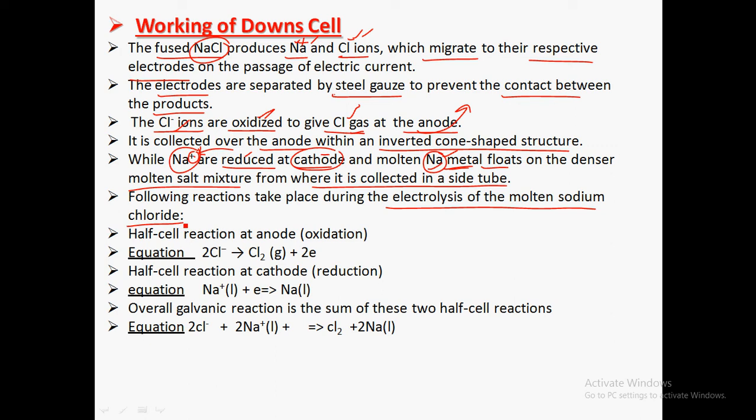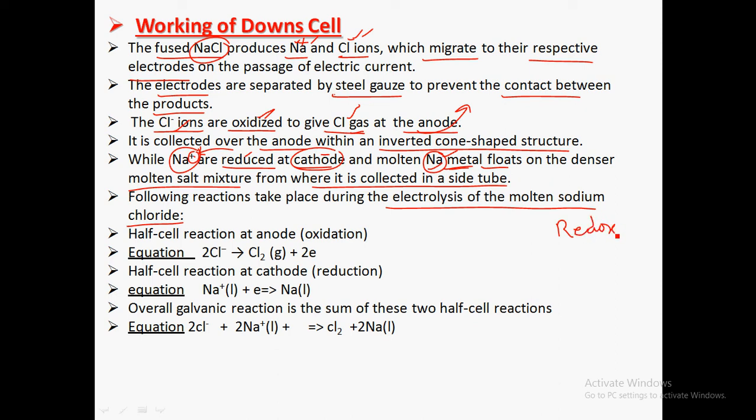Okay, now reactions. Whatever we see in the electrolysis, the reactions are classified into 2 types. Those 2 types are oxidation and reduction. These oxidation and reduction reactions are also called redox reactions.